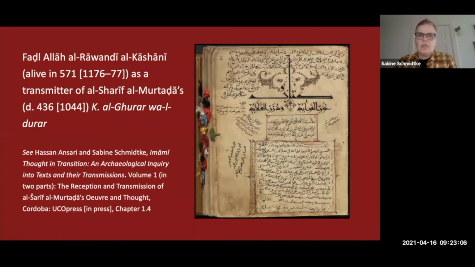He played a central role in the transmission of a whole range of works, Shi'i and non-Shi'i, including the Kitab al-Sihah fil-Lugha by the 11th century lexicographer Ismail bin Hamad al-Jawhari, the Hamasa, a work of poetry by the 9th century Abu Tamam, and the Kitab al-Rura by the prominent 11th century Imami scholar al-Sharif al-Murtada.